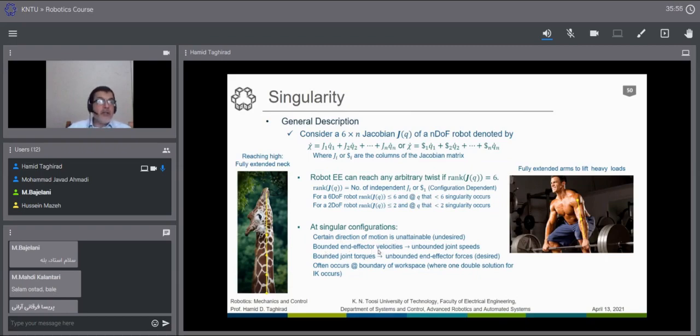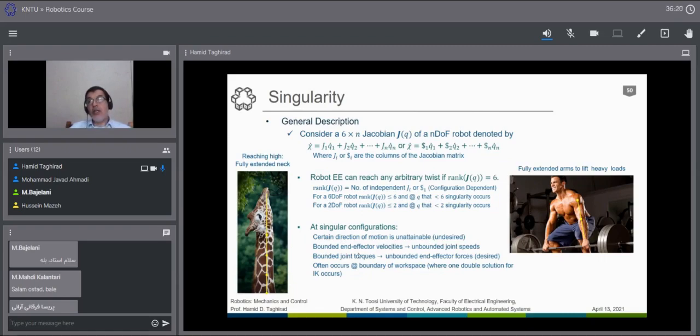We would like to have some motion forward in the space, but it results in unbounded joint space velocities. So we cannot reach that because we cannot provide unbounded joint space velocities. And these are undesired.